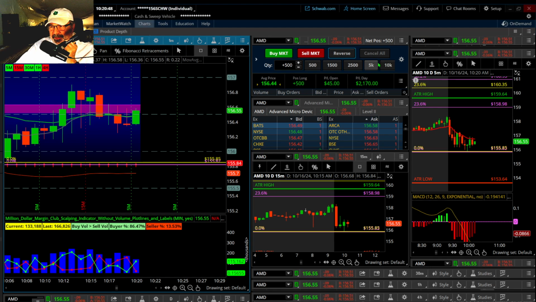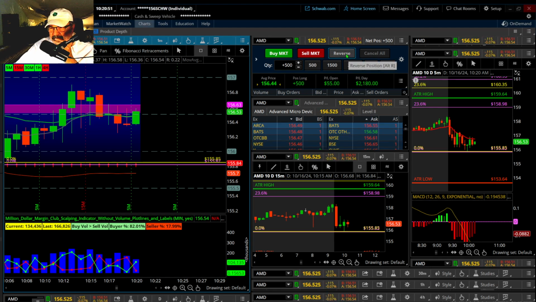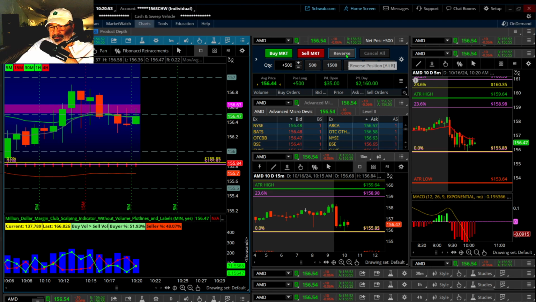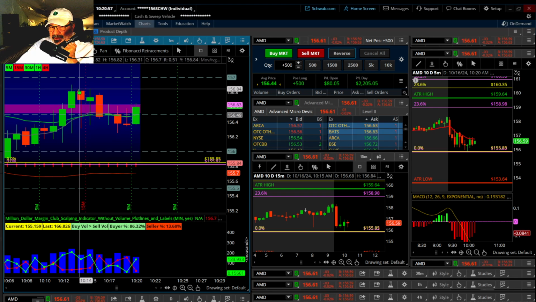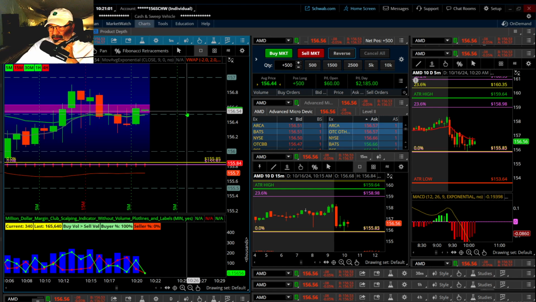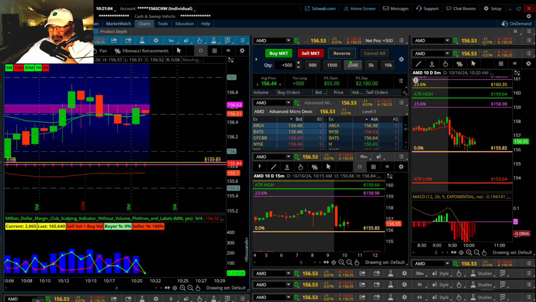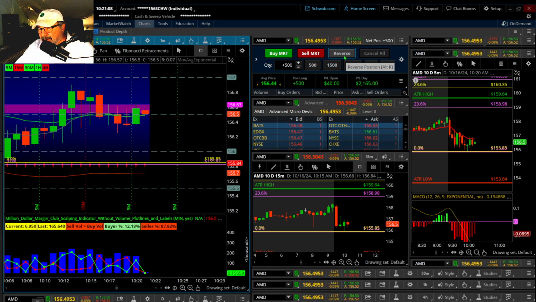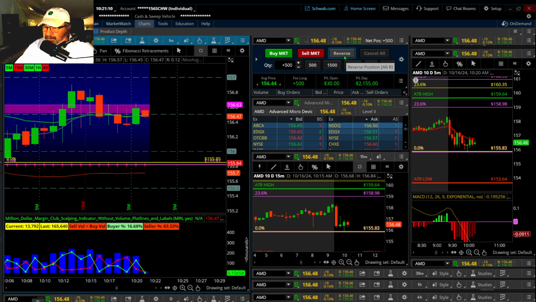Right at the magnet again. Do not want to reverse right here. Up here, maybe halfway up, might see me reverse if it gets up there. We'll see what happens here.